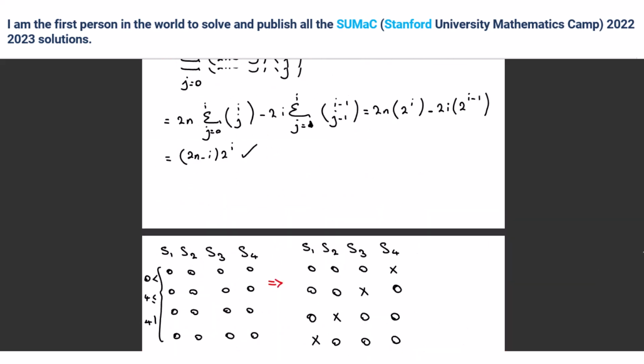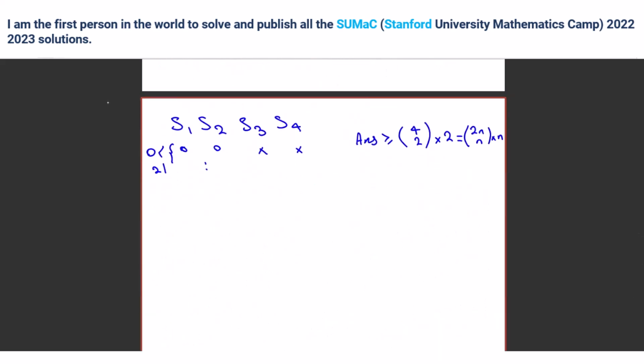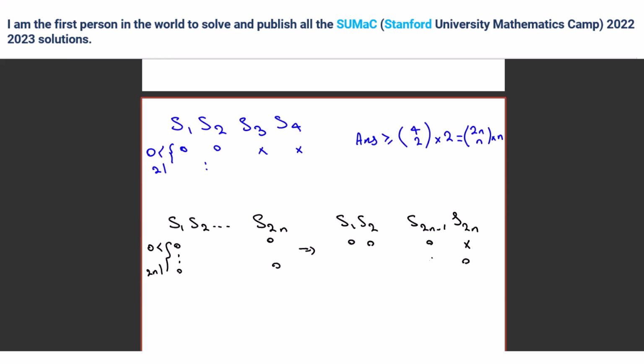Now we want to do the same thing for 2n elements. Okay? It means what? For example, at first, S1 to S2n, it is positive, and 2n divides that. You remove all of them, and then you add S1, S2, S2n minus 1, S2n. You add this part, then this part, all the way to this part, and this one.